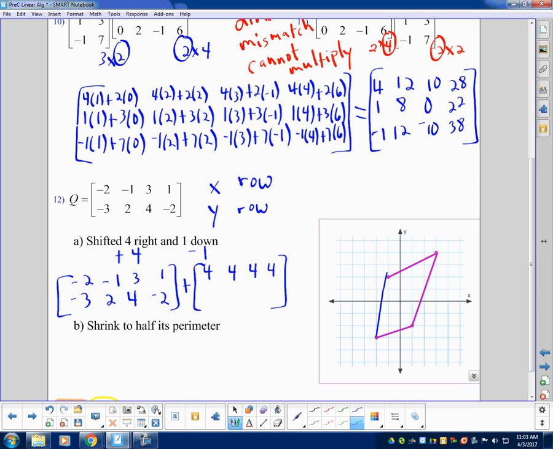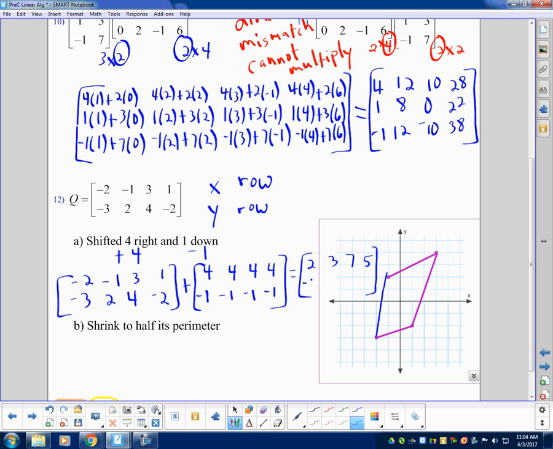And if I want to shift each y coordinate 1 down, I just need to take away 1 from each of those. So my new matrix would be -2 plus 4 is 2, -1 plus 4 is 3, 3 plus 4 is 7, and 1 plus 4 is 5.